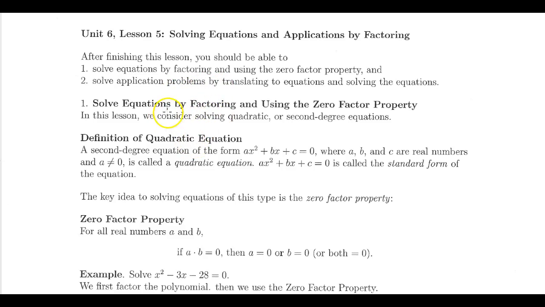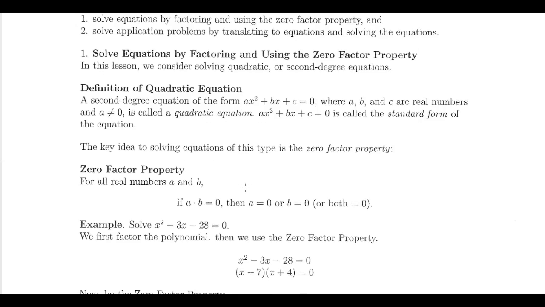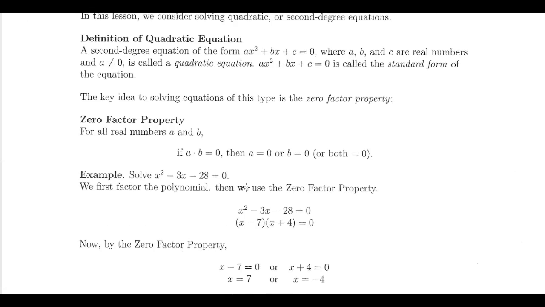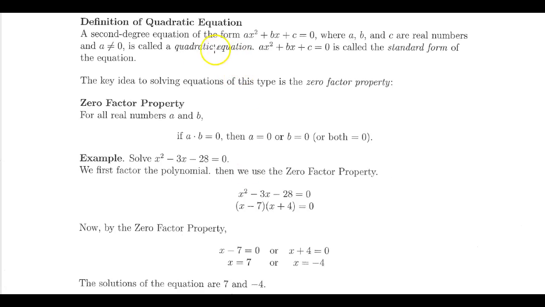What we're going to do is look at what is called a quadratic equation. In general, we're going to be working with quadratic equations in this lesson. A quadratic equation is a second-degree equation of the form ax squared plus bx plus c, where a, b, and c are real numbers, and a is not equal to 0. So the leading coefficient is not equal to 0.